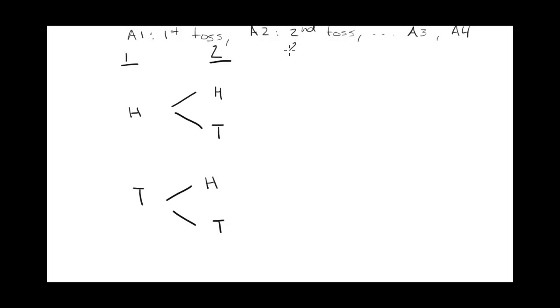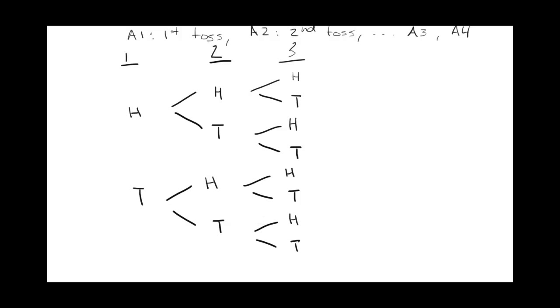Now we're going to toss it a third time. So again, head, tail, head, tail, head, tail, head, tail. Count these up. We've got 8 possibilities. So for the first 3 tosses, you have 8 possibilities.